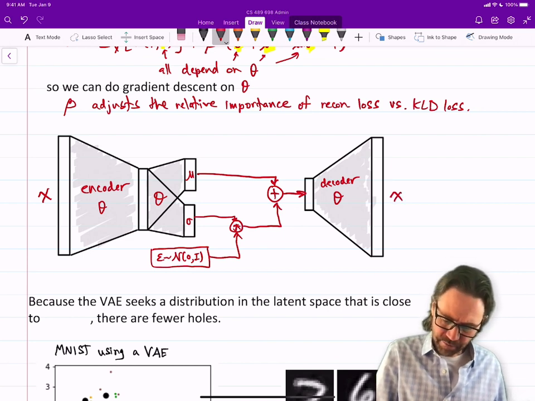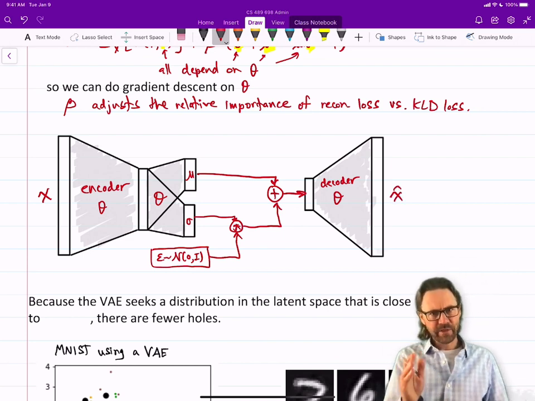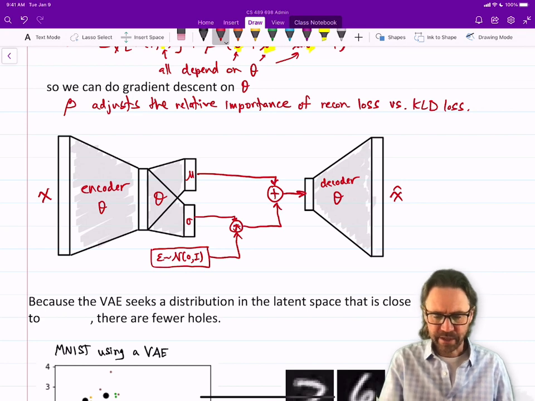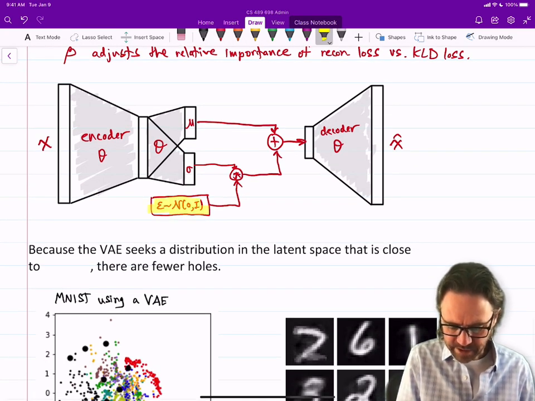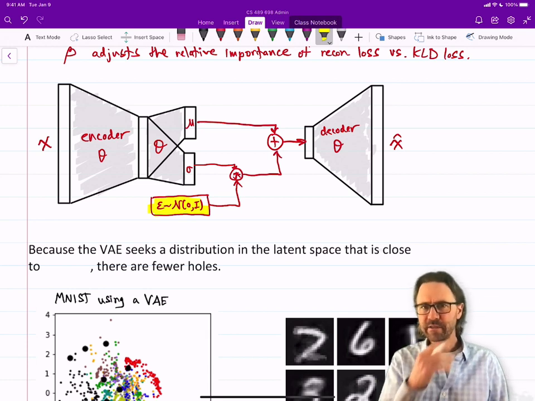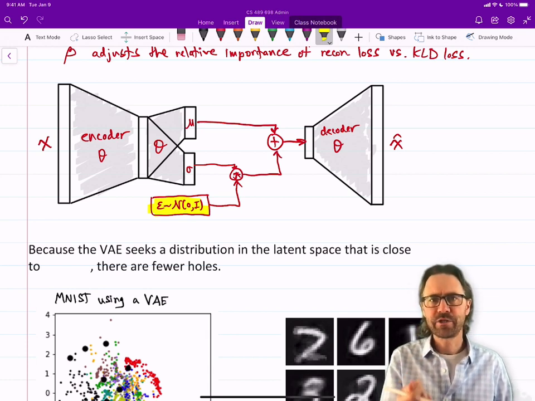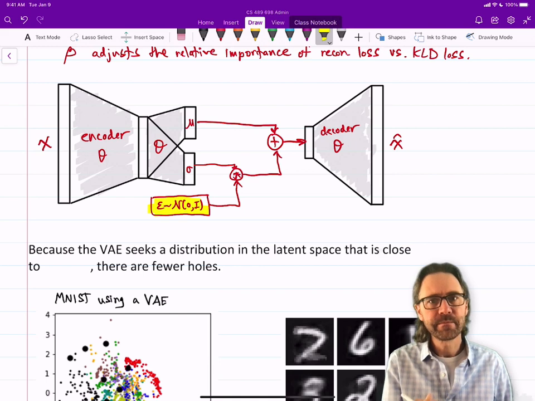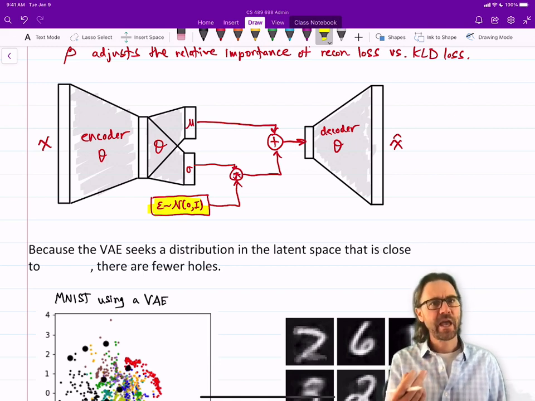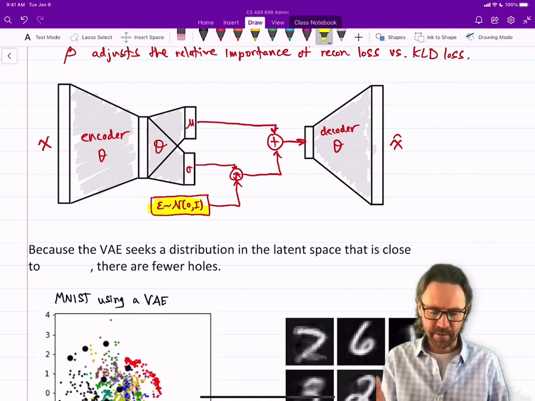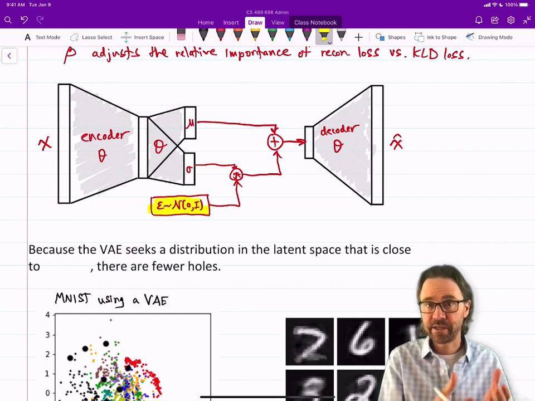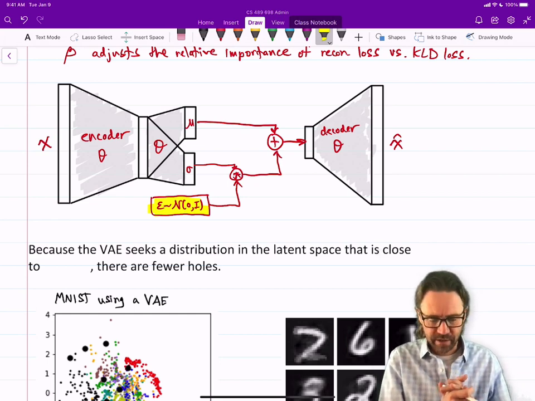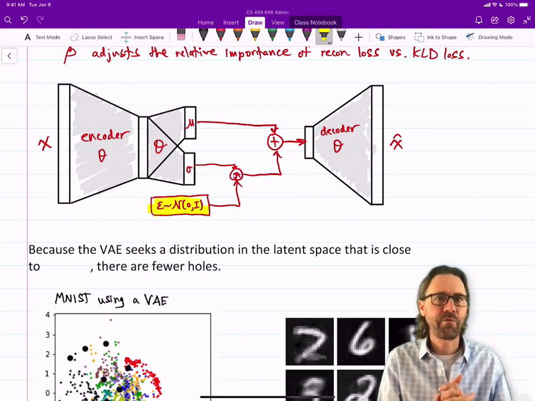And finally, we get our output x hat. Now, the important thing here is that there's stochasticity. You can't push a gradient through a stochastic variable. You can handle deterministic gradients if there are stochastic inputs, because you're not having to push the gradient through an input.